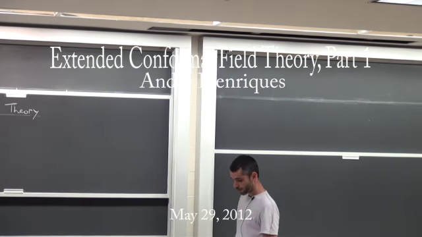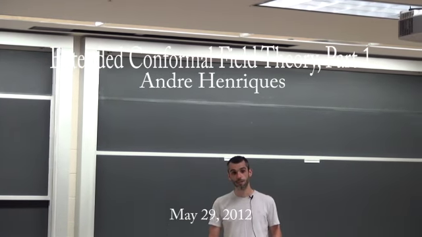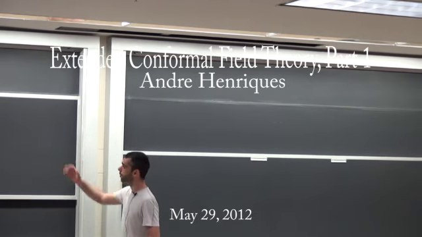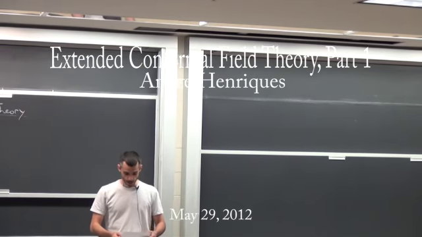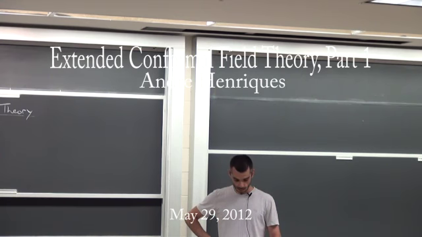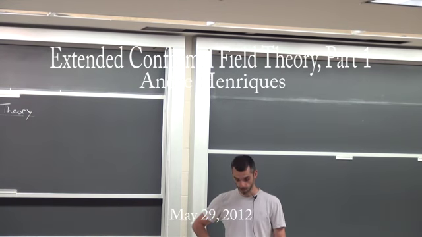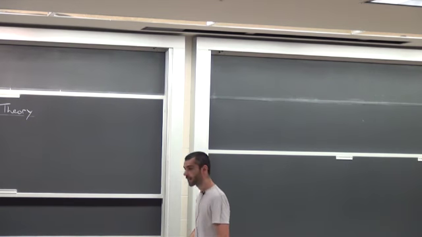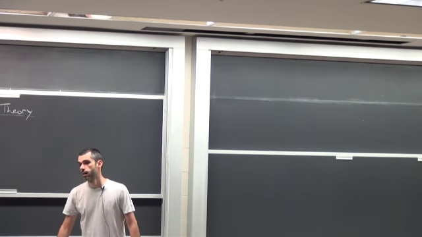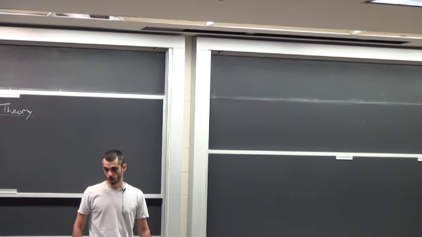Okay, so the idea of extended field theory, so not necessarily extended conformal field theory, but extended field theory, goes back to work of Dan Freed in the 90s, and that was in the context of topological field theory. So it's an extension of Atiyah's definition of topological field theory.